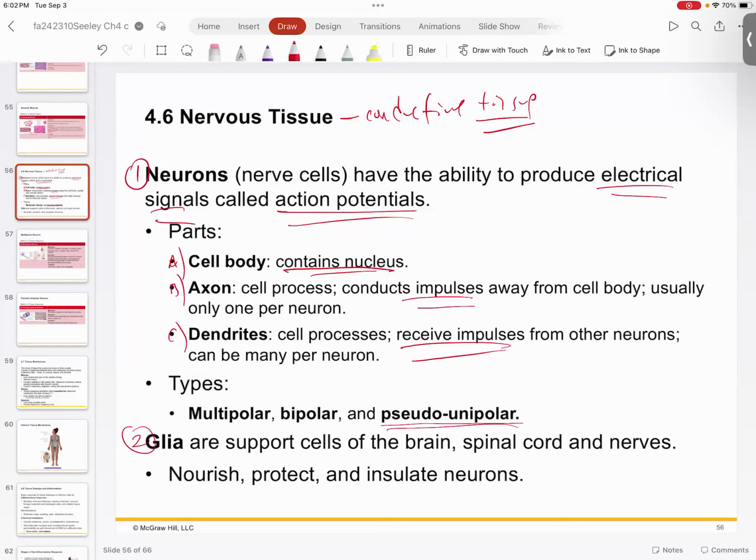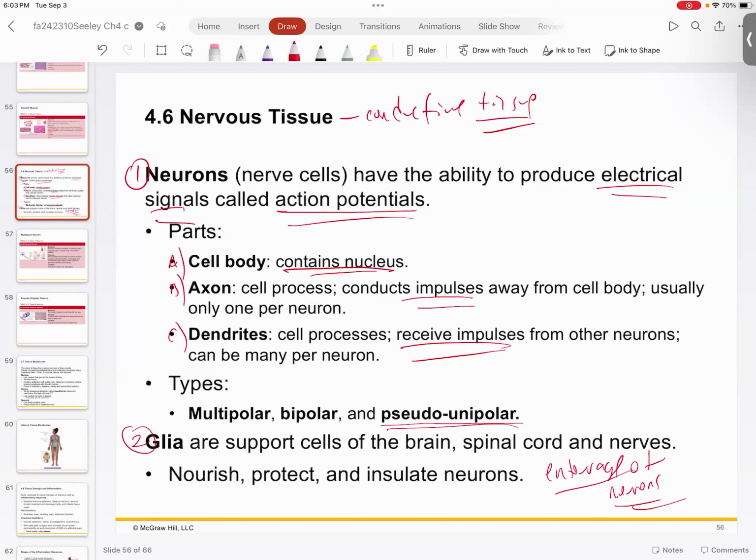And then the other major group of cells that we see in nervous tissue are the glial cells, the support cells. In the brain and spinal cord, you have a group of cells that all do different jobs, but it's kind of the entourage of the neurons. Every famous person has a posse, or an entourage.